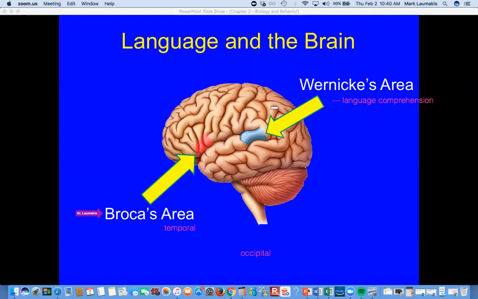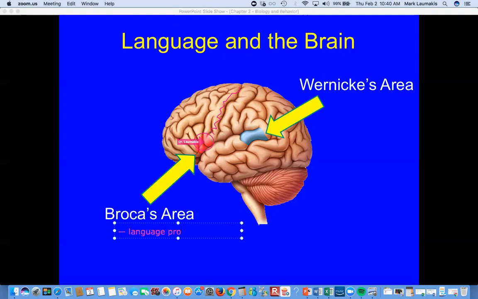Broca's area over here is involved. I got to get rid of my scribbling from the previous slide. Broca's area here sits adjacent to the motor strip. Remember, this motor strip sits right along here. Well, this area now called Broca's area sits right next to it, and it is going to be the language production center, which actually makes a lot of sense, right?